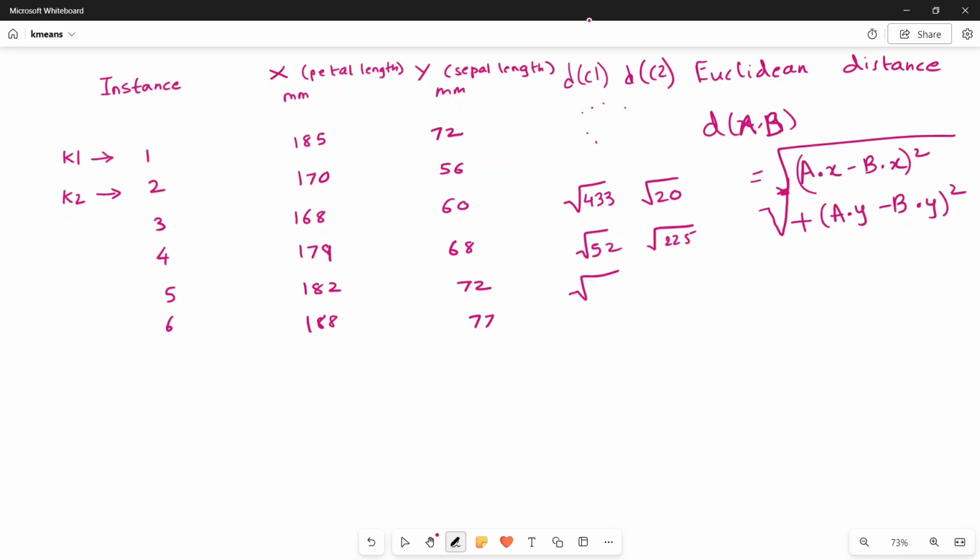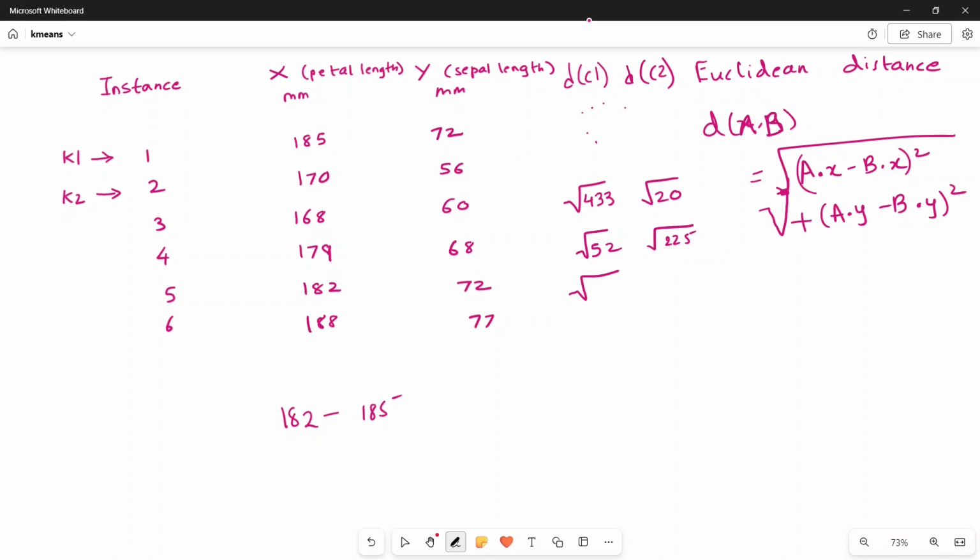Let's calculate this one. To understand what we are calculating exactly when we say distance from C1: this point is 182 and 72, so we are saying 182 minus 185, because the centroid of cluster C1 is K1. Cluster C1 is represented by its centroid K1.